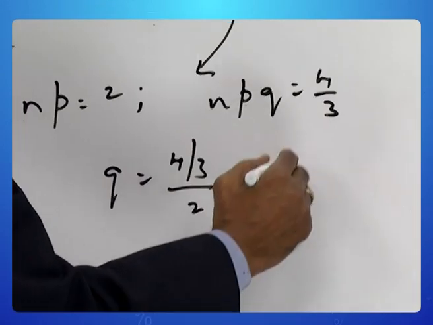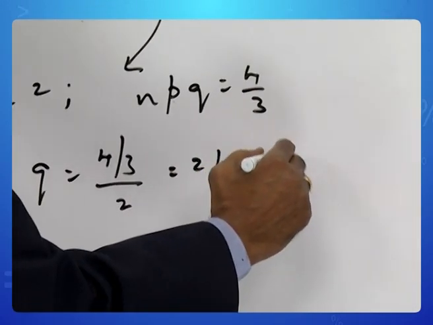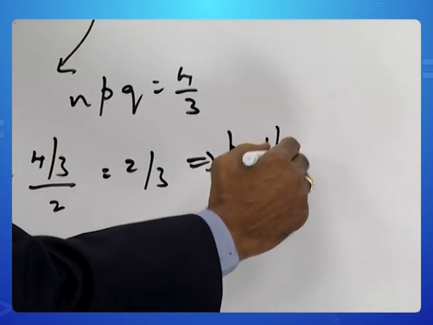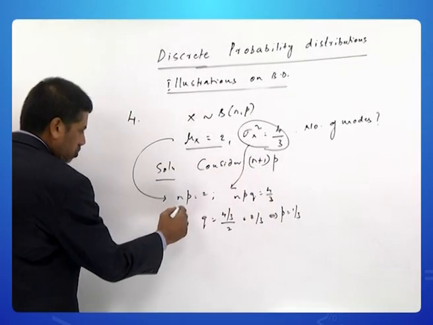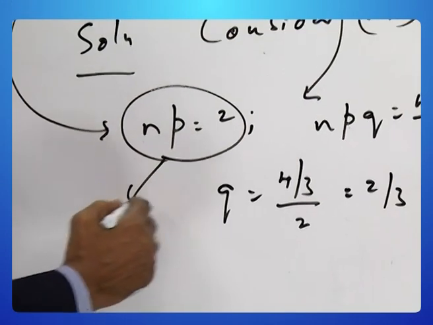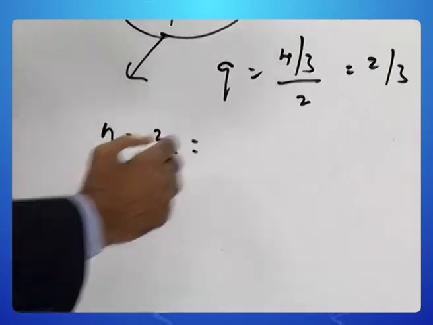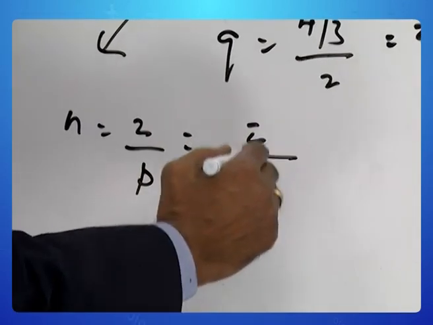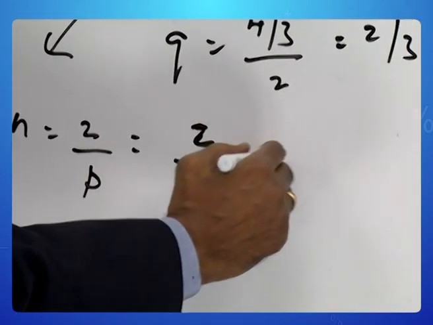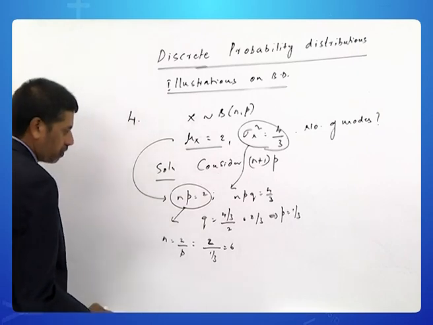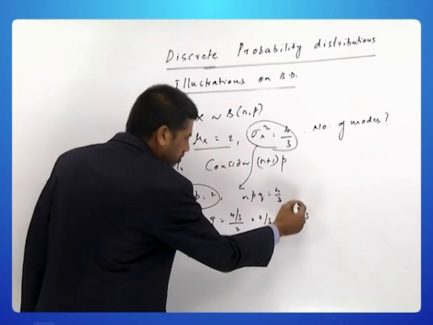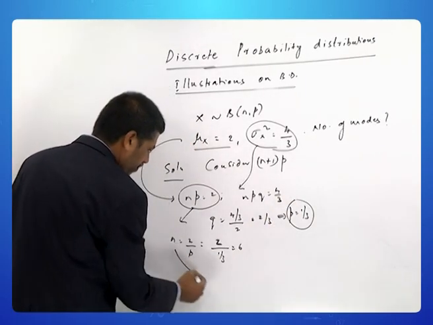So q is 2 by 3, which implies p is 1 by 3. And from this quantity, n is equal to 2 by p, which is 2 by 1 by 3, which is 6. So we have p, we have n.